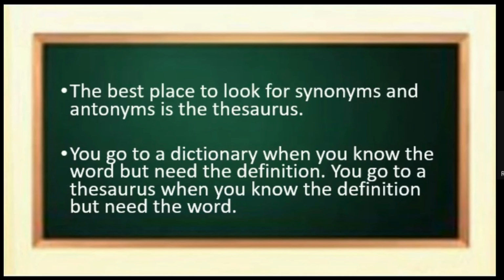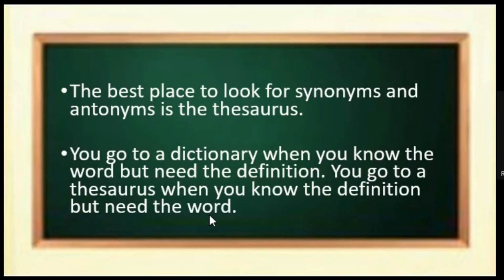Some say that the Thesaurus is the opposite of the dictionary. Why? Because you go to the dictionary when you know the word, but you need the definition. Like what we said a while ago, if you are looking for the meaning of the word, then you go to the dictionary. But you go to the Thesaurus when you know the definition, but you need the word. Okay? You know its meaning, but it's not the appropriate word that you need for your sentence.